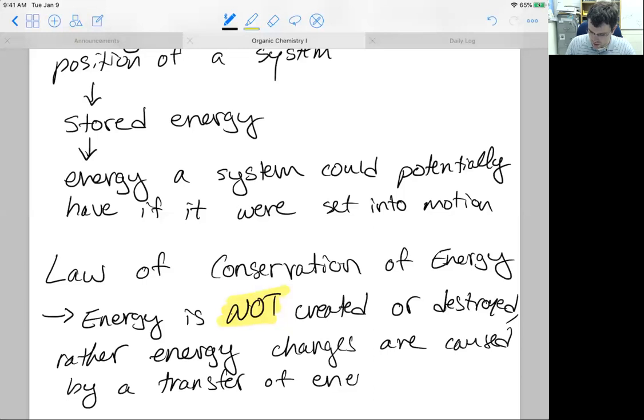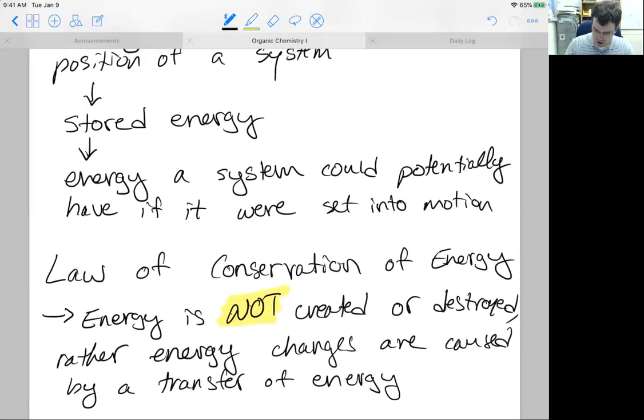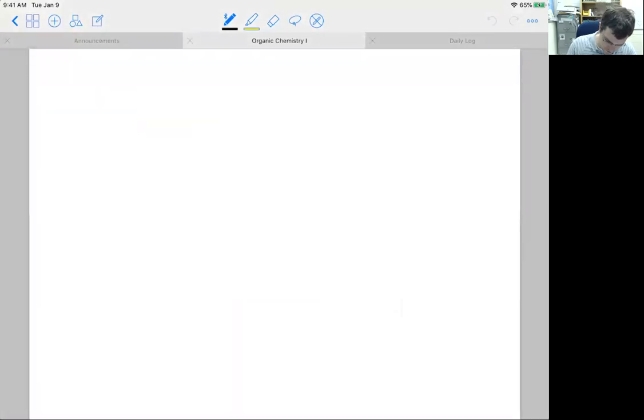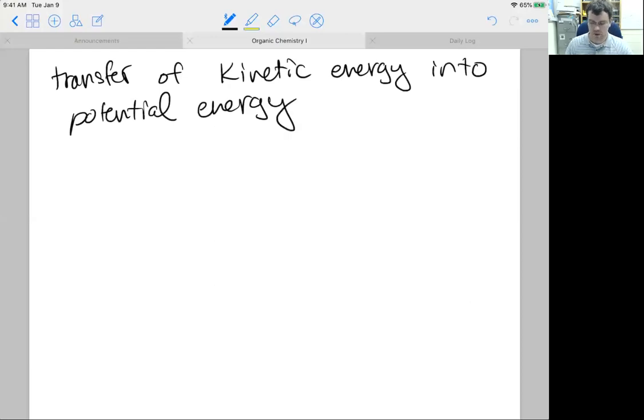A really good example of how to transfer energy is that we could take some kinetic energy and transfer it into potential energy, and vice versa.